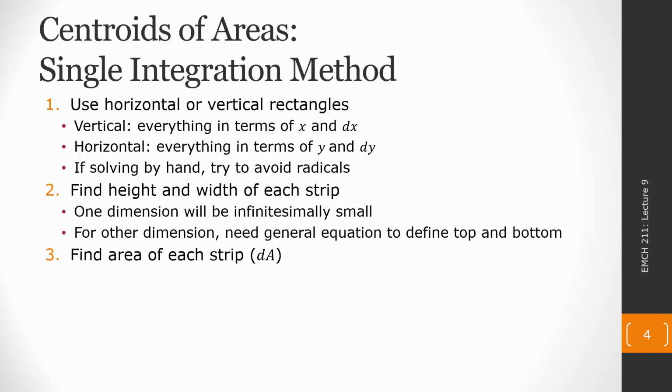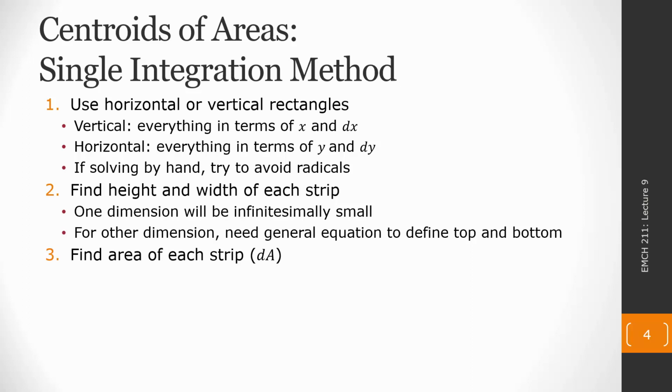So this calculation will become a single variable integration. Once we know the area of any one strip, we're going to be able to find the total area by integrating or totaling the area of every one of these infinite number of strips together.